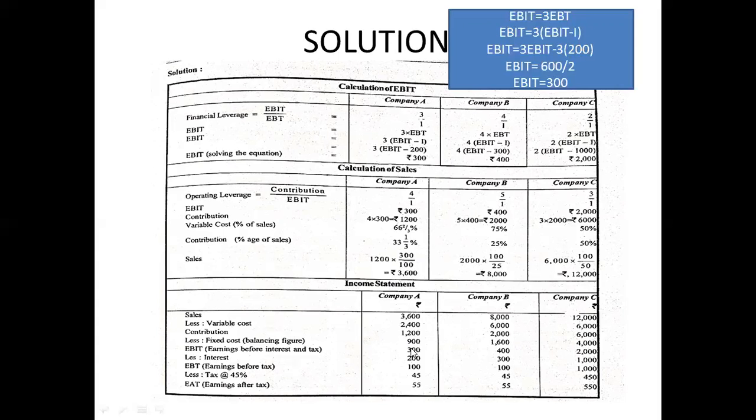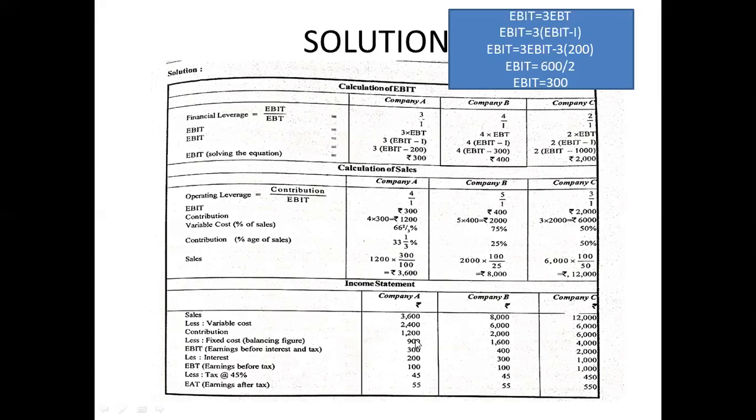माइनस फिक्स्ड कॉस्ट, now this is the balancing figure, क्योंकि हमें फिक्स्ड कॉस्ट के बारे में कोई भी इंफॉर्मेशन गिवन नहीं थी, लेकिन हमारा EBIT और contribution they were different, सो जो डिफरेंस होगा वो क्या हो जाएगा हमारे पास, ऑपरेटिंग फिक्स्ड कॉस्ट. तो ये फिक्स्ड कॉस्ट आ गई हमारे पास. Then this is earnings before interest and tax, 1200 minus 900, as we have calculated in the first box as well.